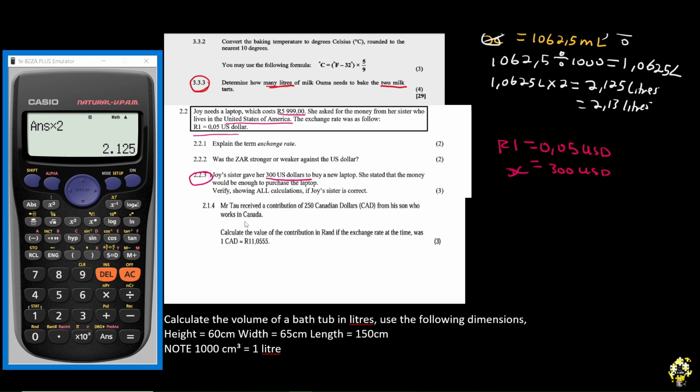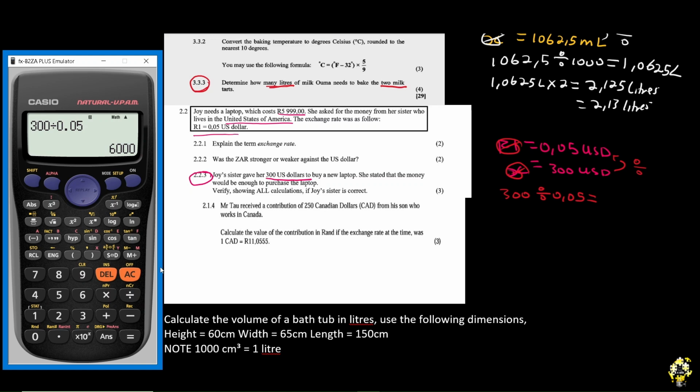So now here I have to cancel. First, I have to cancel X and then cancel. If they are on the same side, you have to divide them. So now again, you remember how we divide the bottom by the top. So it's 300 divided by 0.05. Now let's go to our calculator. What is 300 divided by 0.05?